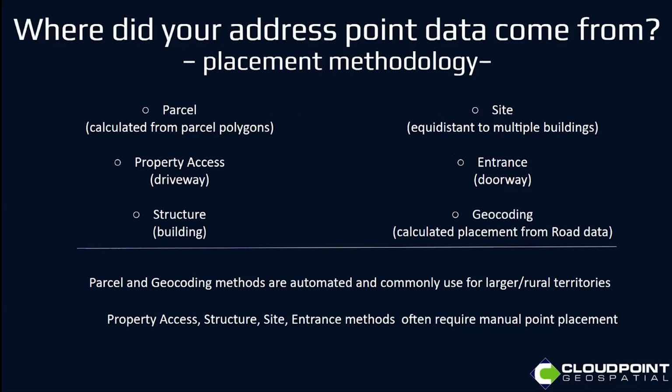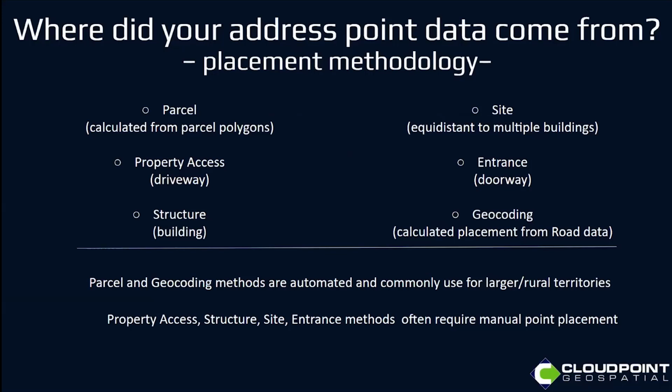So where did your address data come from? There's a few options. Here are 6 general methodologies that are used for placing address points. Parcel method is calculated using your assessor county level parcel data.